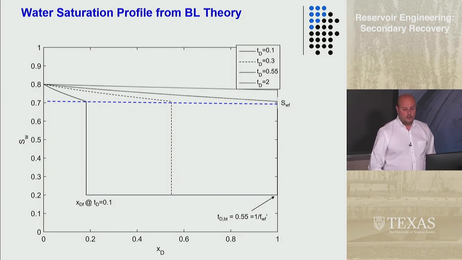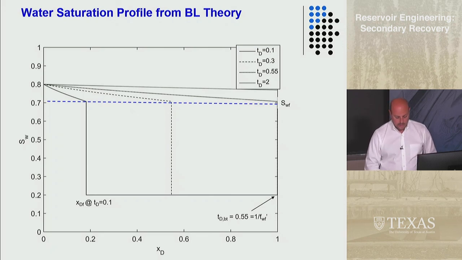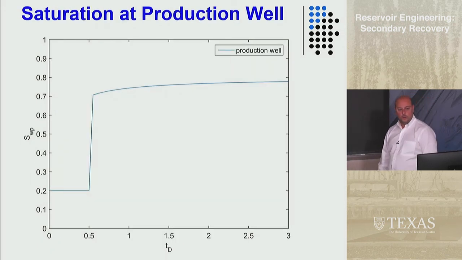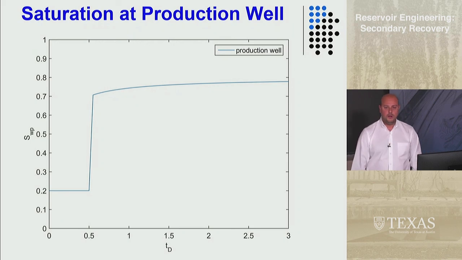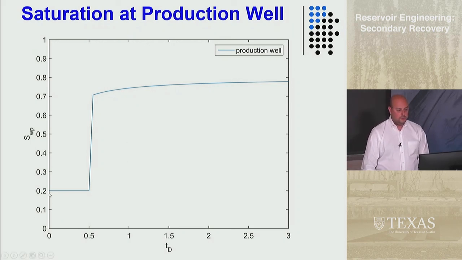Okay. And then above the breakthrough time, the saturation starts to increase. It starts to produce more oil, but you're producing a lot of water as well. And if you were to plot the water saturation at the producer well versus dimensionless time, the water saturation is equal to the initial water saturation, which is equal to the residual water saturation in this case.